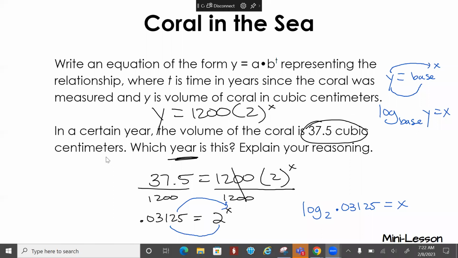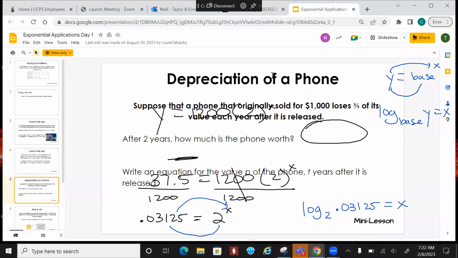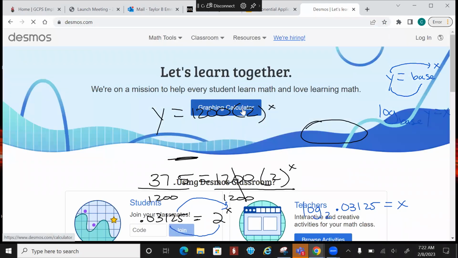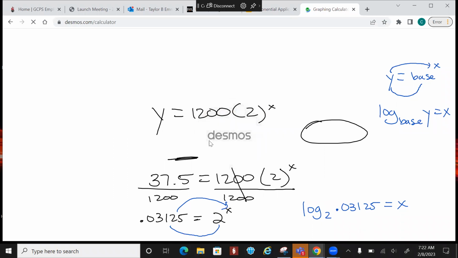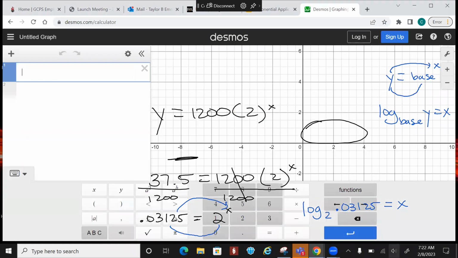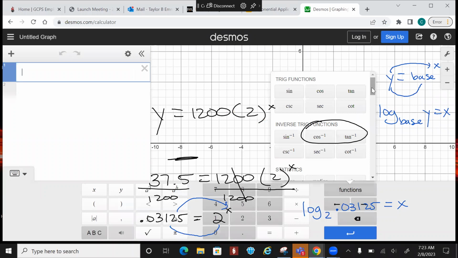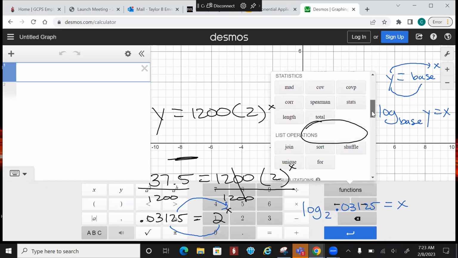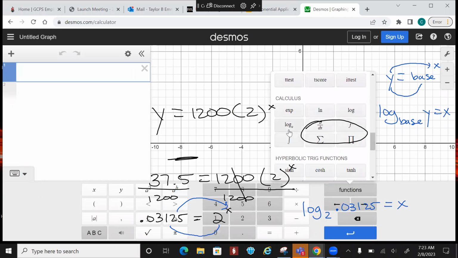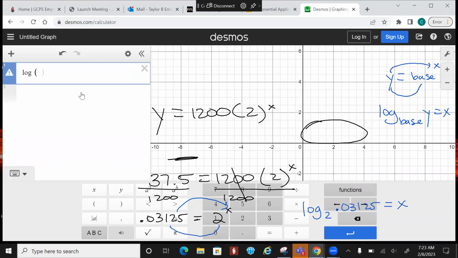Okay, so I'm going to show you how to type this into Desmos. When you go into here, you're going to find the function. I always forget where this one is. This log of A. Okay, so it's underneath the one that says calculus. Obviously, no, we're not doing calculus.